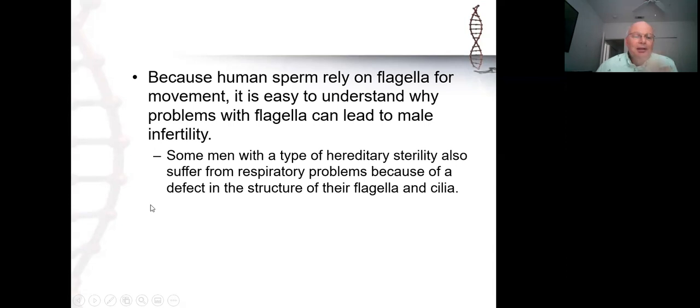It wouldn't accumulate. This is the material that you're constantly swallowing during the day. You can feel it, the viscous material that comes up through your throat, and you have to swallow it occasionally. That's the material that's being swept up out of your lungs.